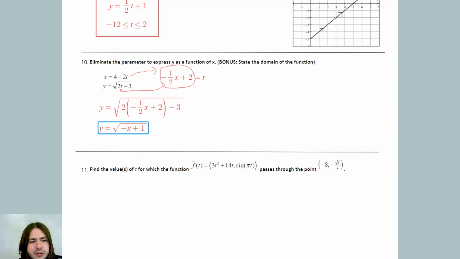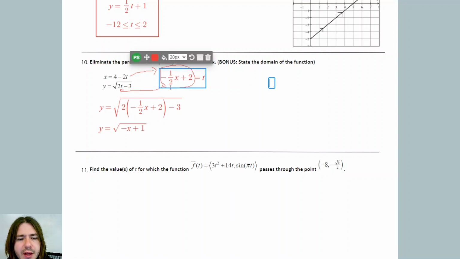Now the original domain is in terms of t. And since we're taking the square root of this, the only domain restriction here would be that what's underneath the square root has got to be at least 0, because if it's negative, then we're going to end up with non-real values for y.